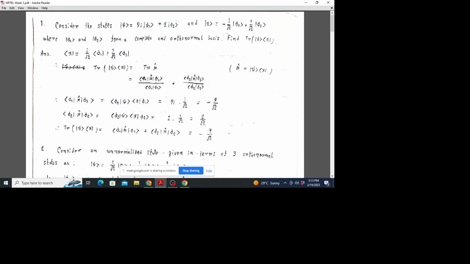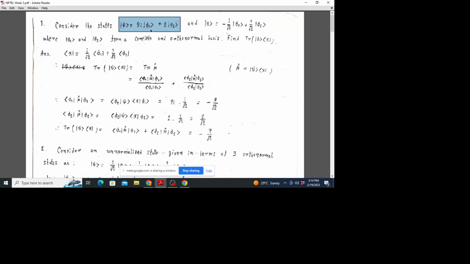So how to find this inner product, phi 1 with psi? This is very easy. Just take the inner product with phi 1 here and use the fact that phi 1 and phi 2 are mutually orthogonal.